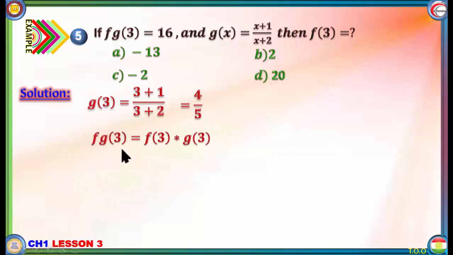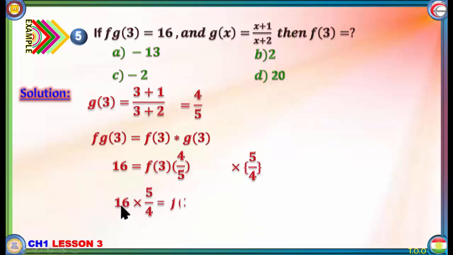(fg)(3) is equal to f(3) times g(3). (fg)(3) is equal to 16. It equals f(3) is unknown, g(3) is 4 over 5. And now multiplying both sides by 5 over 4, that means 16 times 5 over 4 equals f of 3.